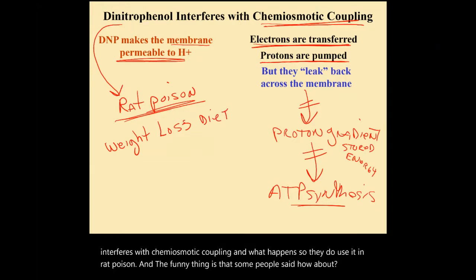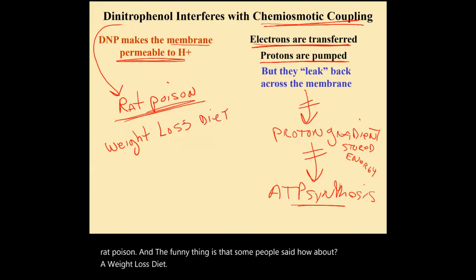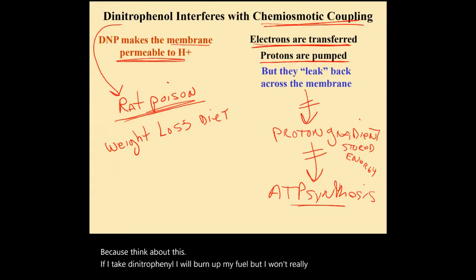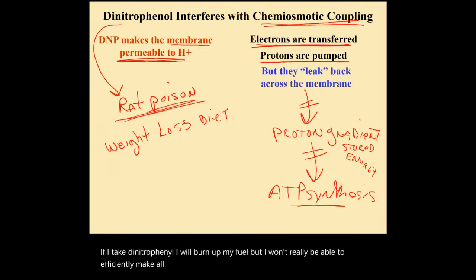a weight loss diet? Because think about this. If I take dinitrophenol, I will burn up my fuel, but I won't really be able to efficiently make all the ATP that I want. So I'll burn up more fuel. I'll get a little hot, but I won't take too much of it.